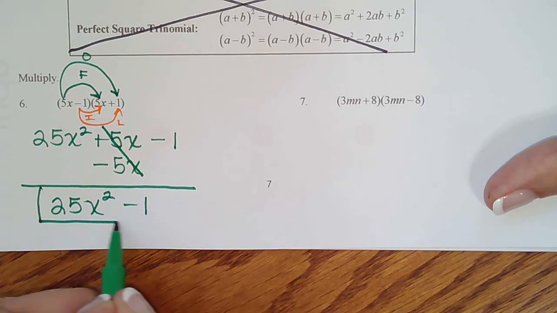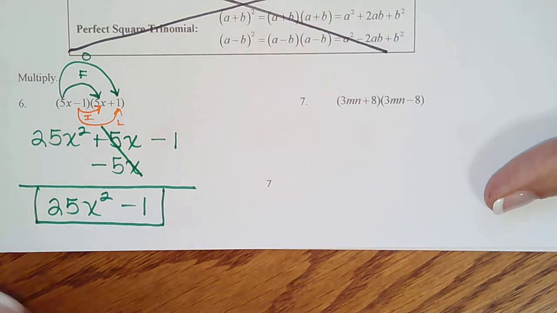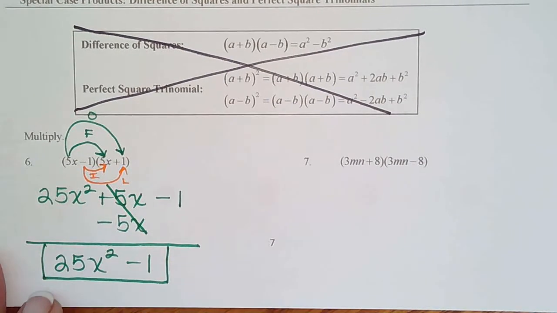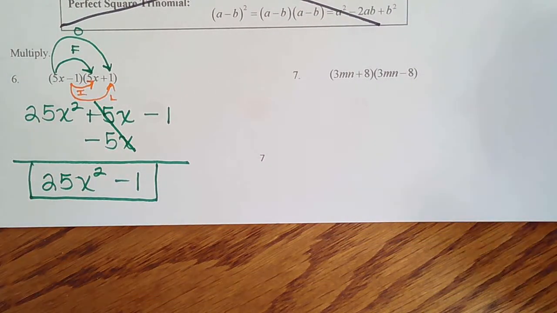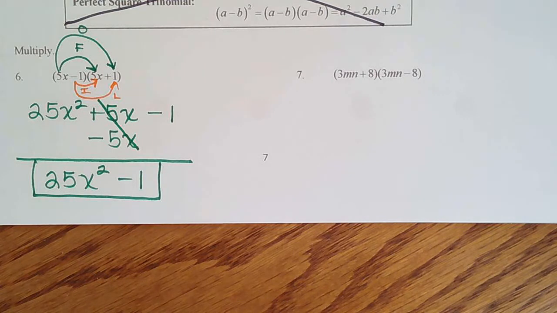So with 1 minute of work, I got to the same point I would have gotten using the box, but I didn't have to remember a new formula. Okay, so it's just plain and simple FOIL whenever you have 2 by 2. So why don't you go ahead and turn off the camera and try number 7 on your own, and then come back and we will check it together.